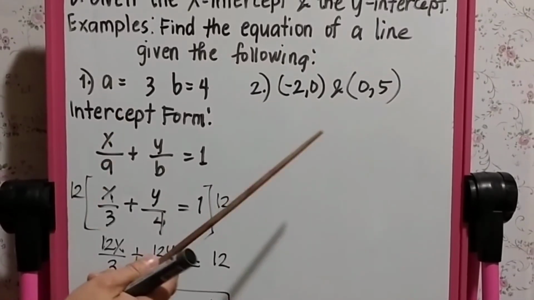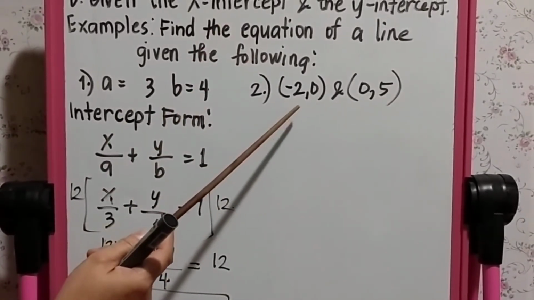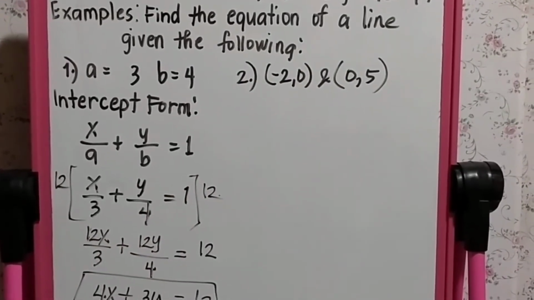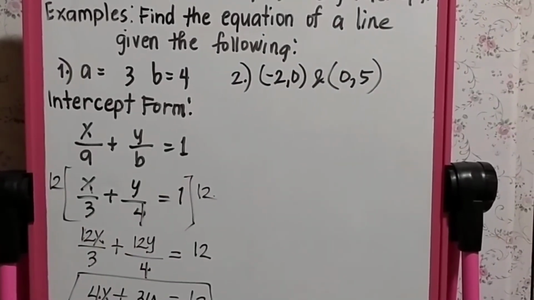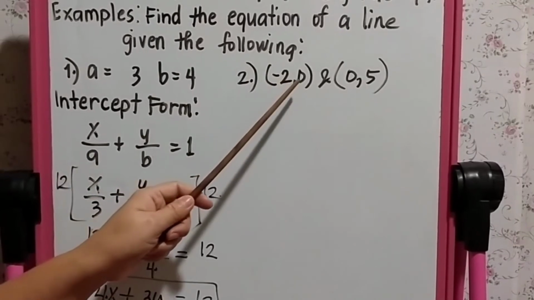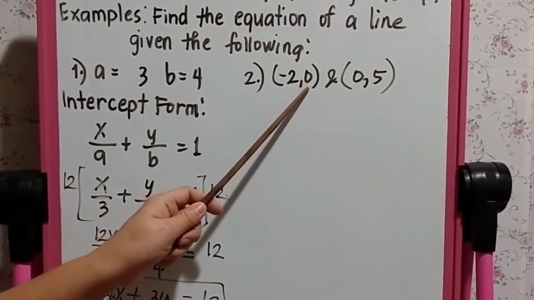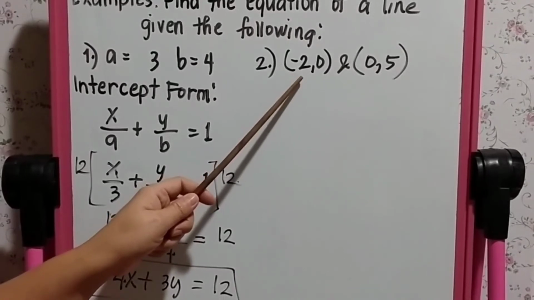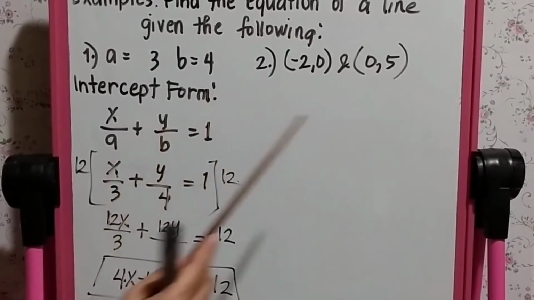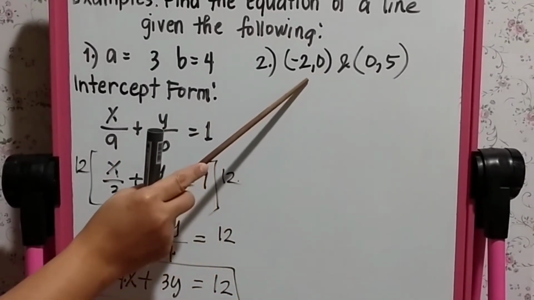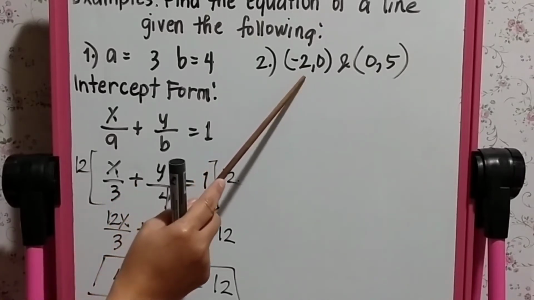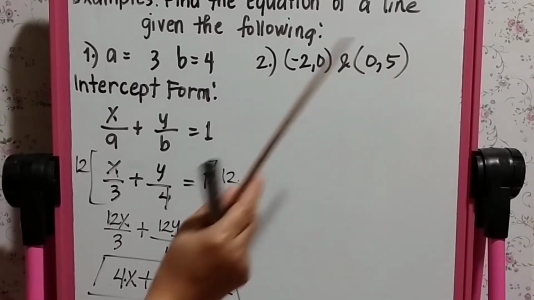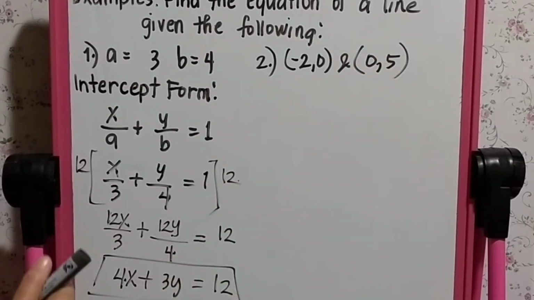Find the equation of a line passing through the points negative 2, 0, and 0, 5. So, remember, class, if the point has an ordinate of 0, meaning the point can be found on the x-axis. Meaning to say, dahil nasa x-axis siya, x-intercept natin. Kapag naman yung abscissa o yung x ang 0, ang point nasa y-axis or y-intercept siya.